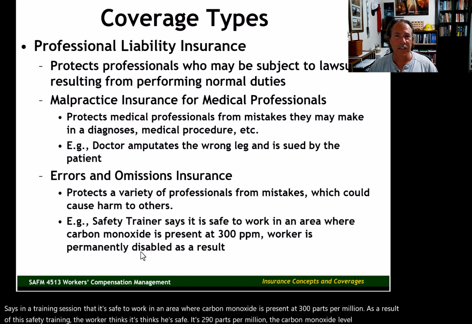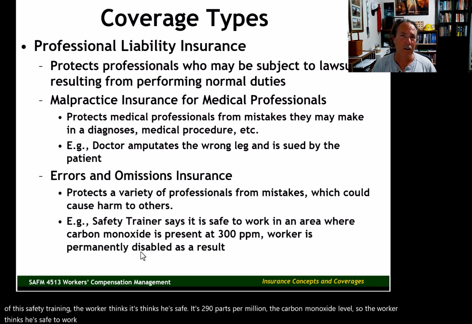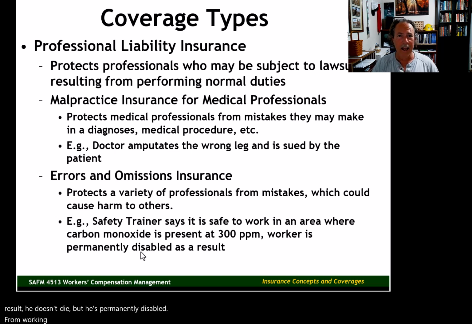So the worker thinks he's safe to work in that environment for an extended period of time. And as a result, he's permanently disabled. He doesn't die, but he's permanently disabled from working 9 hours, 10 hours in 290 parts per million carbon monoxide. That worker may sue the safety trainer.